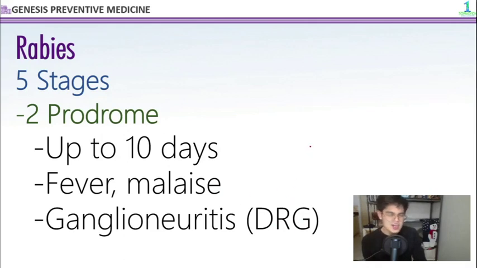What is the DRG again? So yes, I'm sure you've heard of the dorsal root ganglion before in your anatomy lectures. So I'll just do some quick annotation, drawing of the spine, I guess. So this is a cross section of the spinal cord.